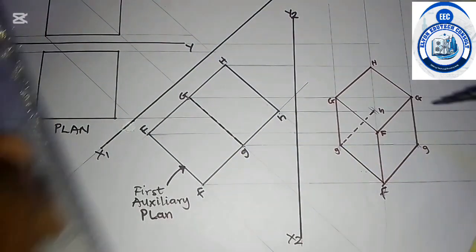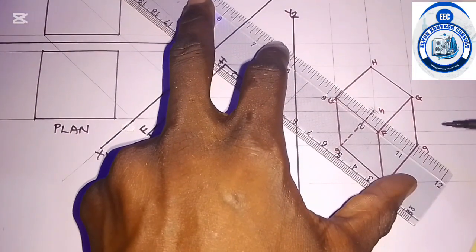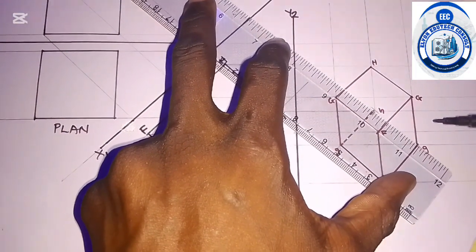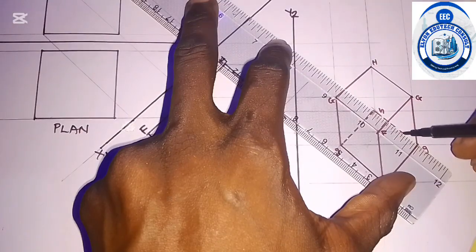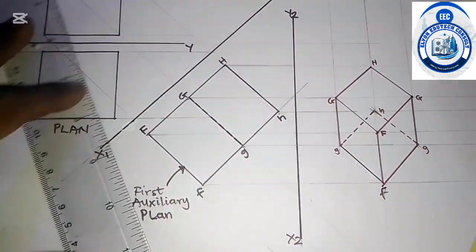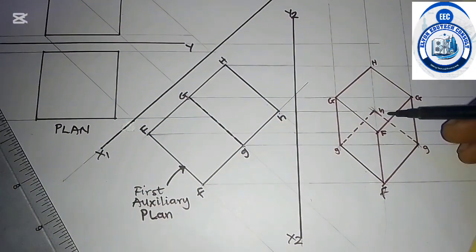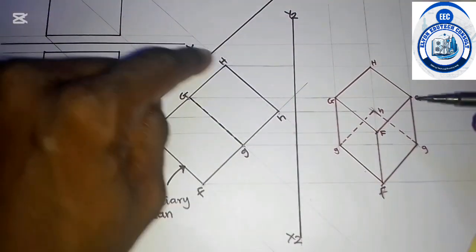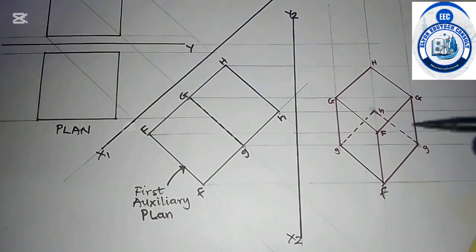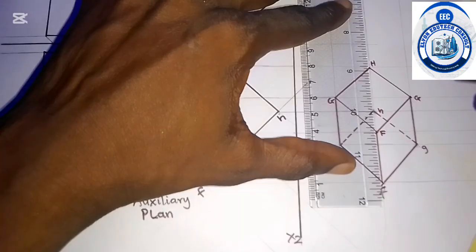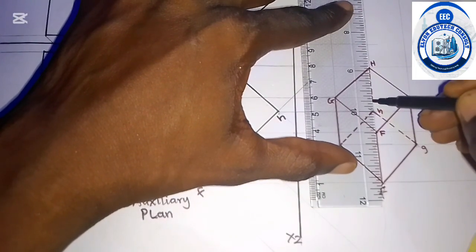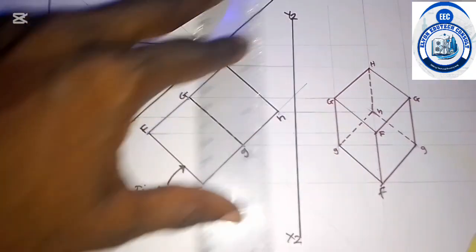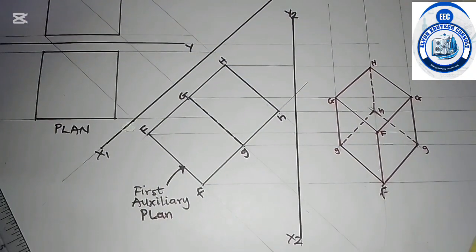Then I'll connect for the other side as well, this way. Then I'll connect capital H to small h as it is here. It's going to be vertical, which is at the back. So I will use broken line for that as well. All right, so we have it this way.